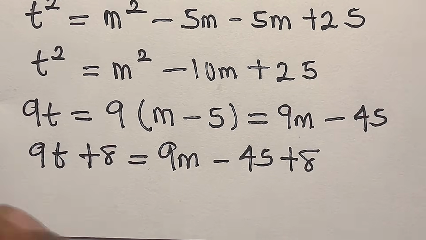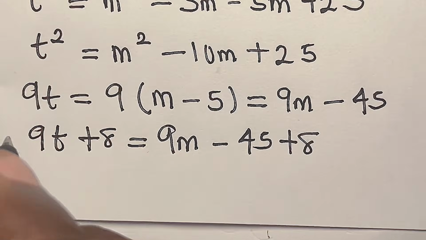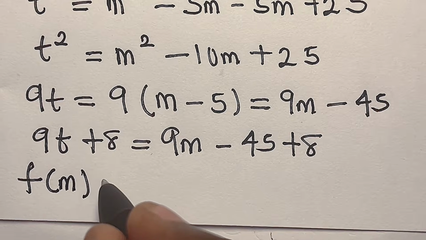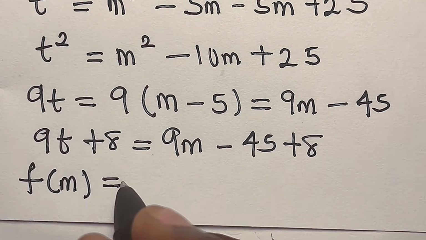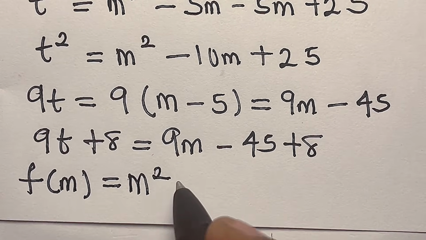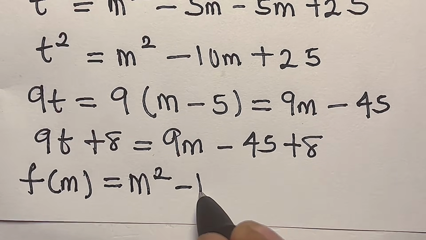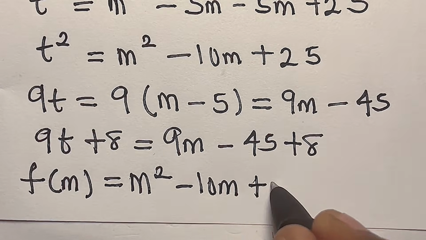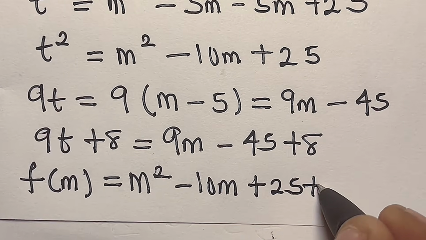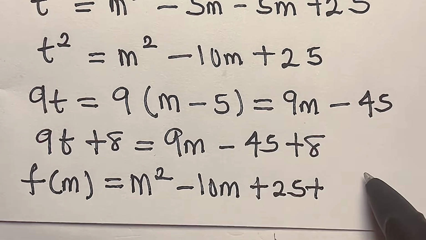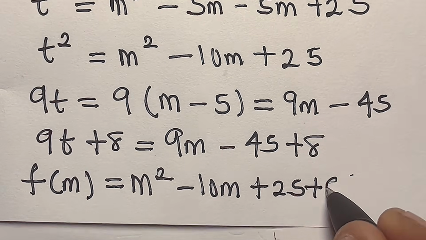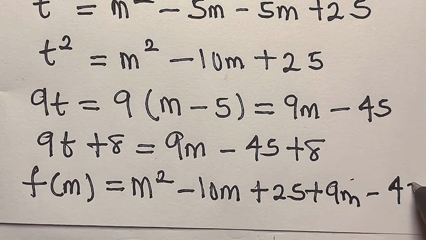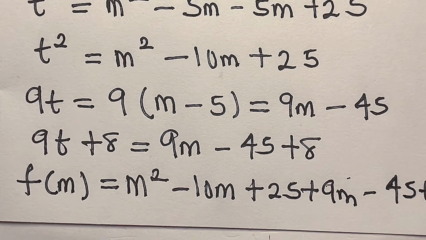So now let's do. So we have f of m equals, we have m squared, right, minus 10m, right, plus 25 plus, okay, plus 9m minus 45 plus 8.